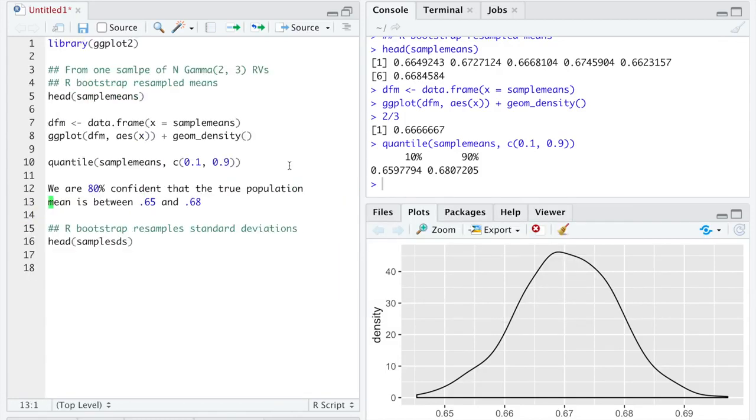Now, let's add this as a comment, because we're recognizing it's not actual code here. Now, if we were interpreting this in context of data, we'd want to say what that population mean represents and specify the units of the population mean. We don't have that in this example, so we'll just continue with this general discussion.